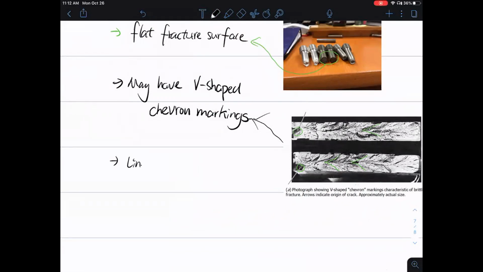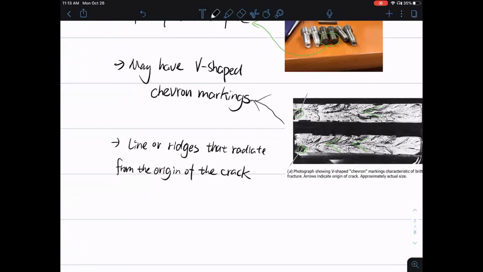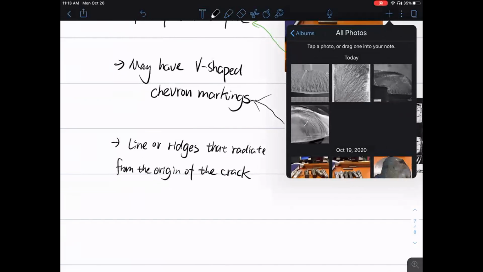Sometimes there are lines or ridges that radiate from the origin of the crack. You should find a picture for that.